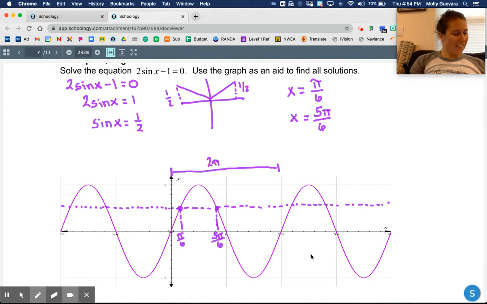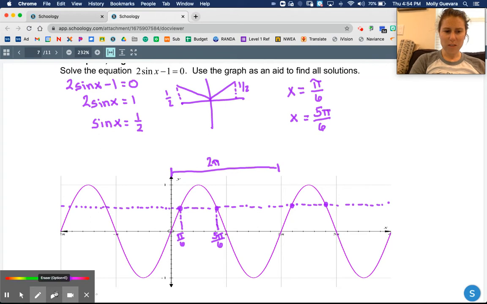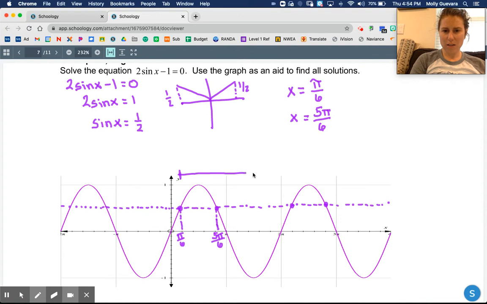But then it also touches again here and here. So I guess now we ask ourselves, what is the distance to go all the way back around? So what's the distance from here to here? And it's essentially back in the same period.